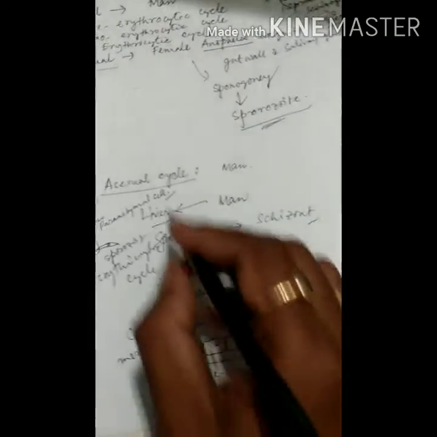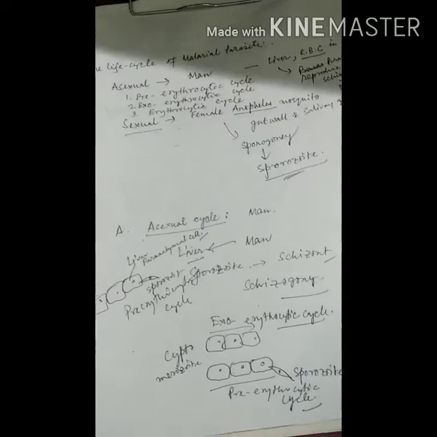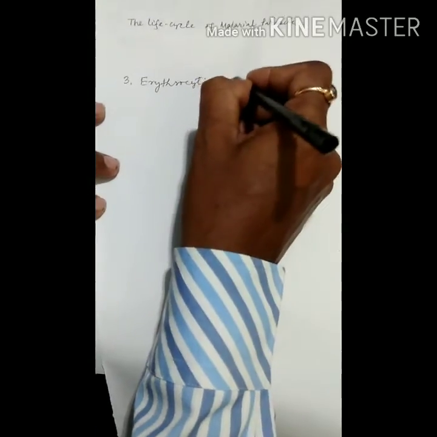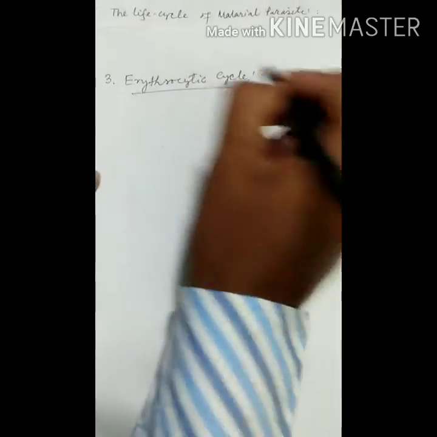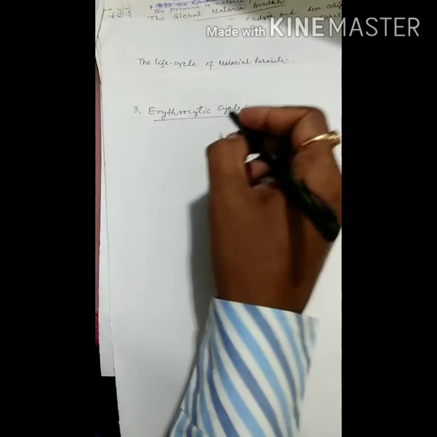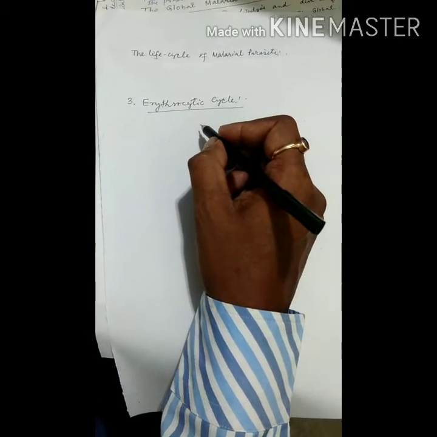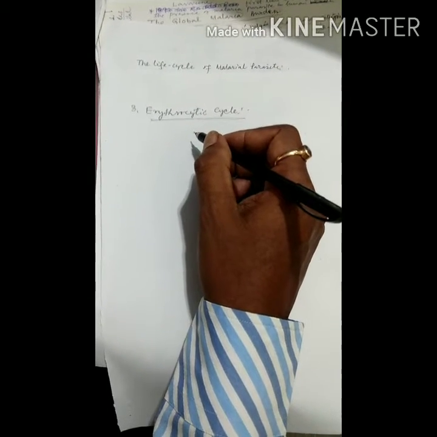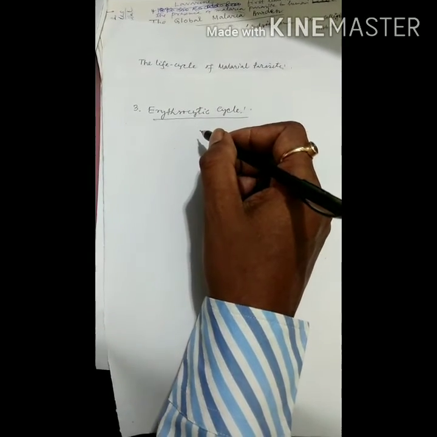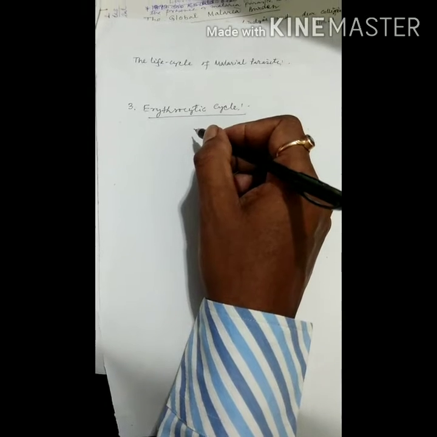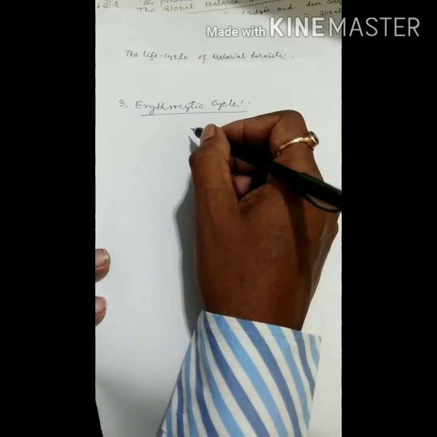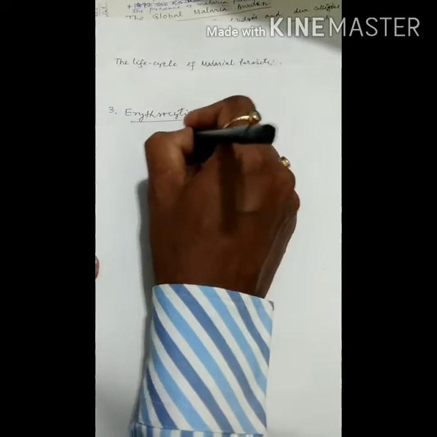And last of all, the erythrocytic cycle, where cryptomerozoites divide into two types, microcryptomerozoites and macrocryptomerozoites. Microcryptomerozoites enter into the RBC of the bloodstream.